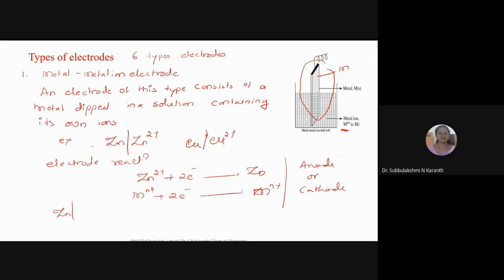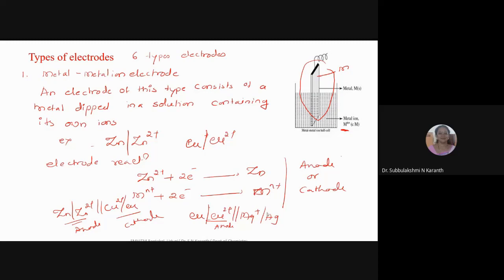If you couple zinc with copper, zinc acts as anode and copper acts as cathode. If you couple copper with silver, Ag+, then silver acts as cathode and copper acts as anode. Depending upon the other electrode, the electrode may act as either anode or cathode.